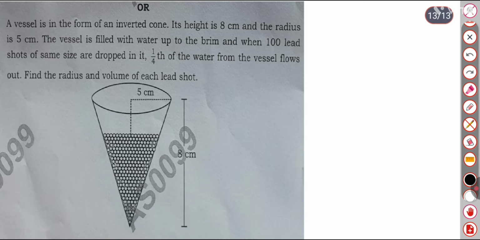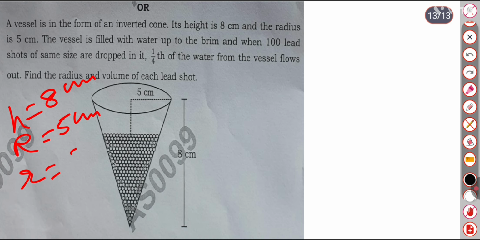For that, first h is equal to 8 cm and the radius of the cone I'll consider as capital R. R is equal to 5 cm and small r we have to find out. So what they said is 1/4 of the water flows out. 1/4 of the water is nothing but 100 lead balls.